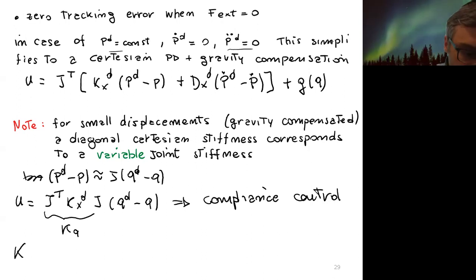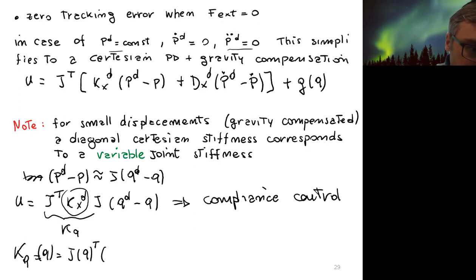So if we set a desired stiffness at the task level, at the effector, we see that this maps, because of the Jacobians, into a variable stiffness at the joint level. Why is it a stiffness defined at the joint level? Because it relates increments in joint variables into torques.